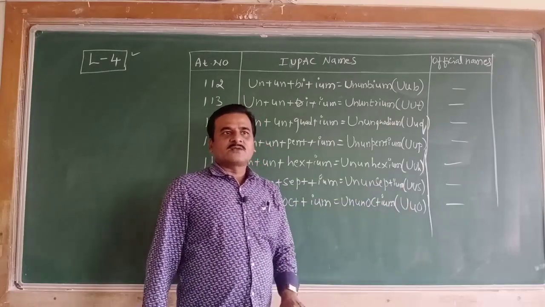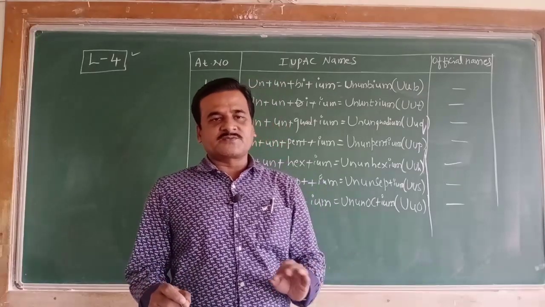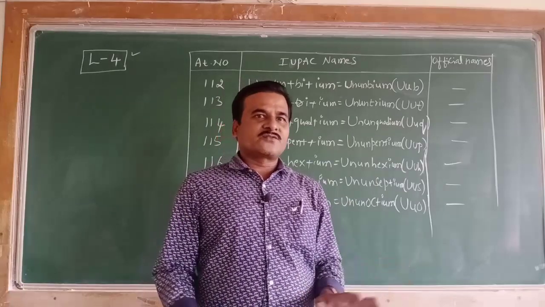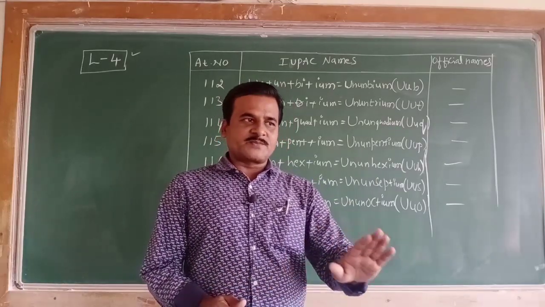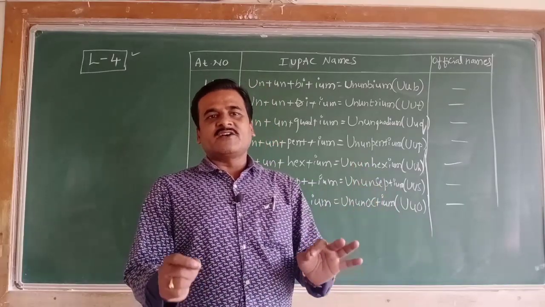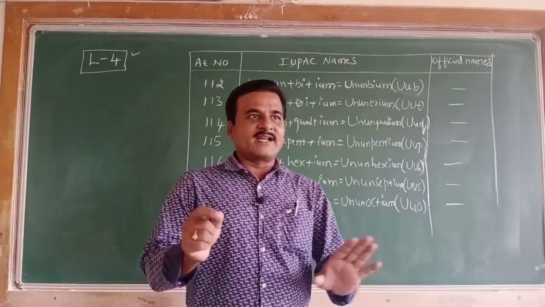This is the writing of IUPAC names of elements with atomic number more than 100. With this, after the classification of elements into S, P, D and F, we have learned how to write IUPAC names of elements with atomic number more than 100.